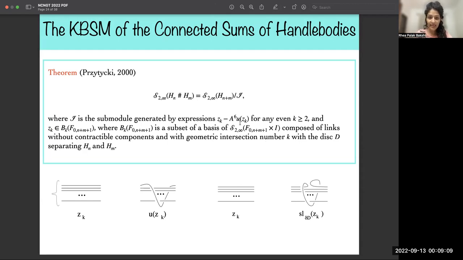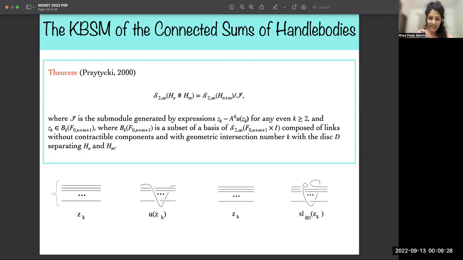He stated that the KBSM of Hn connected sum Hm is exactly the KBSM of the n plus m genus handlebody, modded out by this submodule, which is generated by two handle sliding expressions of this form.